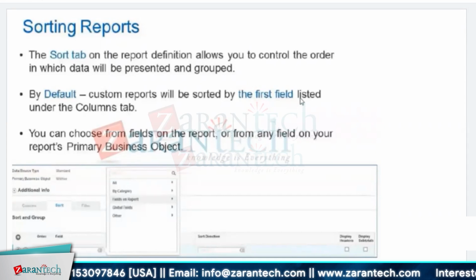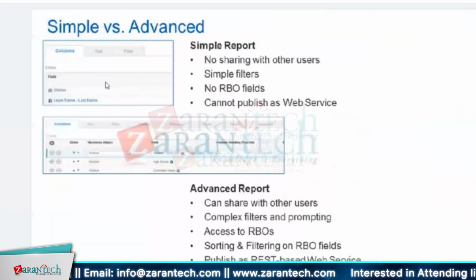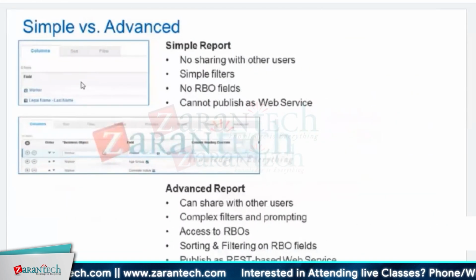But you can, be it advanced or simple, sort it how you like, right? You choose fields from the specific report, or any field on your report's primary business object. So it gives you that option to change things around and sort the way you'd like the information to be seen.